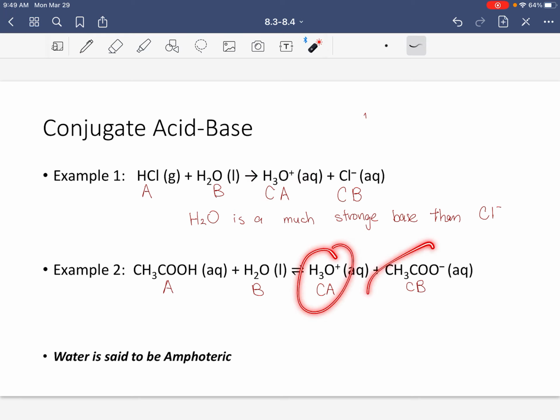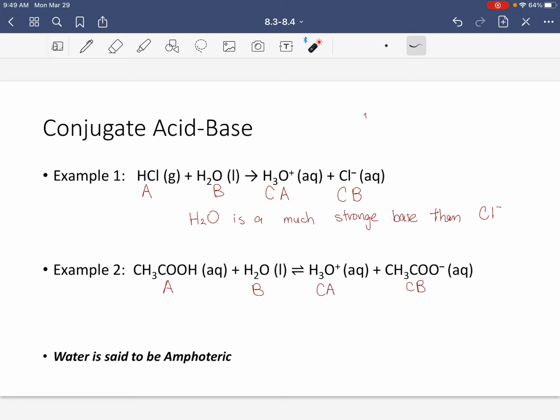These guys are legit because H3O will become H2O, and guess what? It does it more often than this. Basically, in this reaction, reactants dominate more than products.